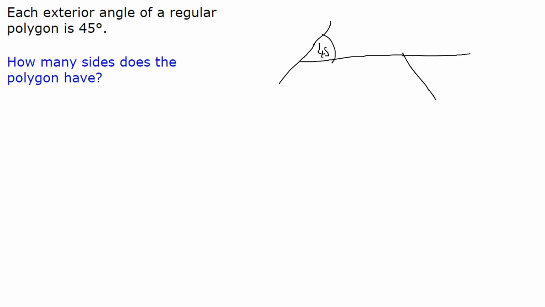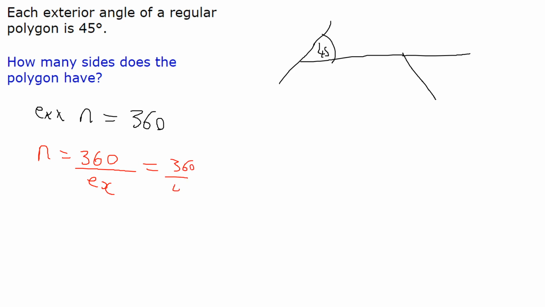But remember what we said before, that x times the number of sides is going to be 360, right? And so therefore, the number of sides is going to be 360 divided by the exterior angle, which is just going to be 360 divided by 45, which in this case is going to be 8.